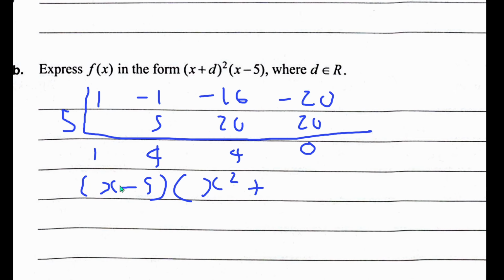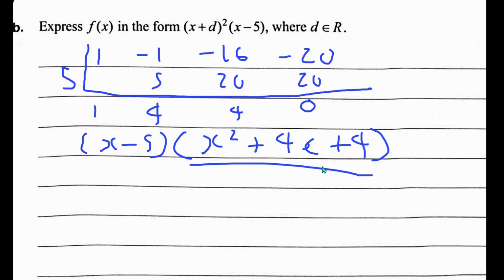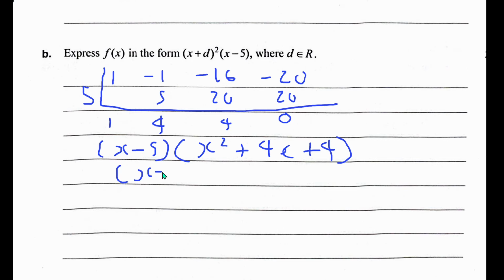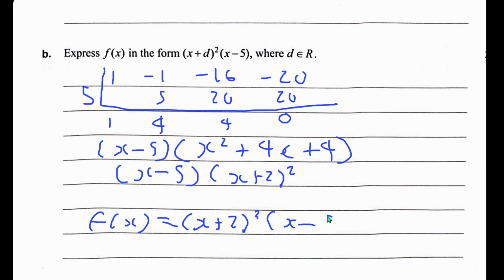After we use synthetic division, then we go x minus 5, x squared plus 4x plus 4. And this, as you can see, is a nice little perfect square. So it's x plus 2 squared, and finally, f of x equals x plus 2 squared bracket x minus 5.